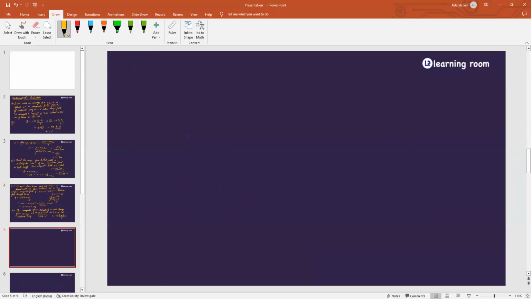All right. Next question. Let us move on to the motional EMF conditions. Fleming's right hand rule. So according to that, let us first solve a question from NCERT.